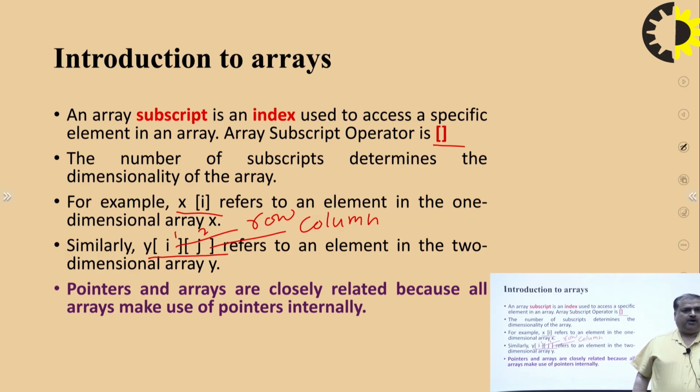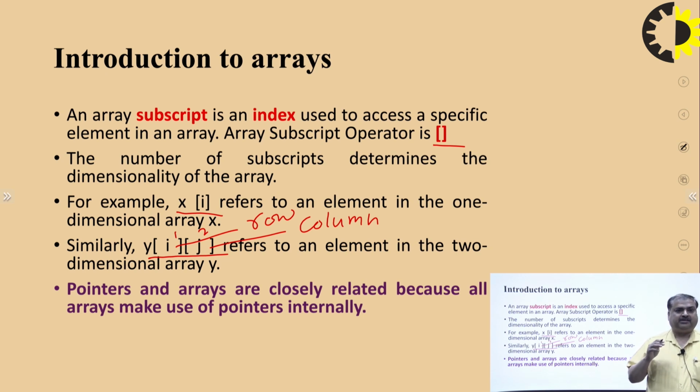So pointers and arrays are closely related because arrays make use of pointers internally. This is a very good concept, and we must understand that the internal working of the compiler uses pointers.